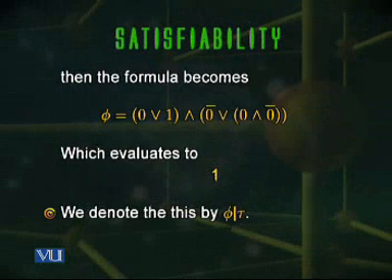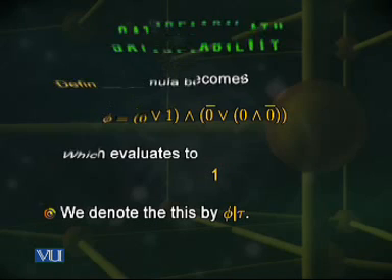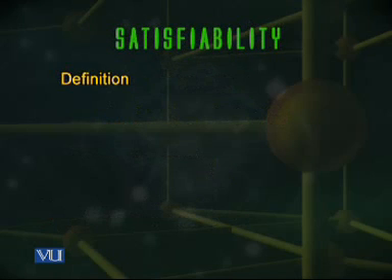So if for a formula there is at least one assignment which makes it true, we will call the formula satisfiable. If phi is the formula and tau is the assignment, then phi restricted to tau will denote the value of putting in the variables according to tau in this formula and evaluating it. So now let's formally define what a satisfiable formula is.